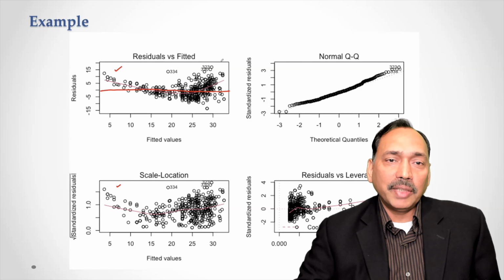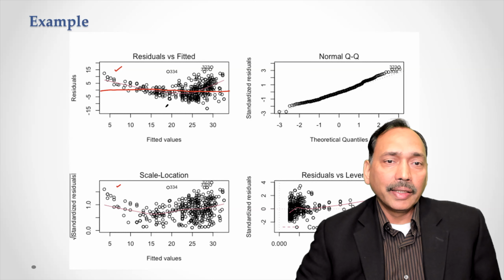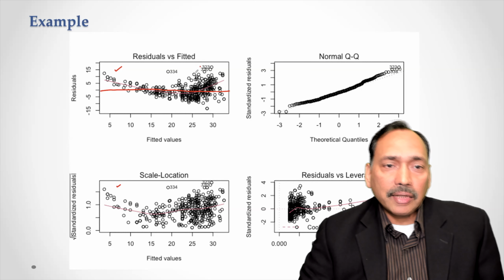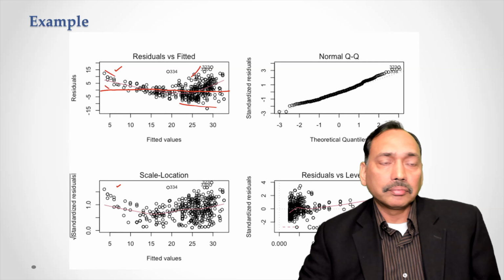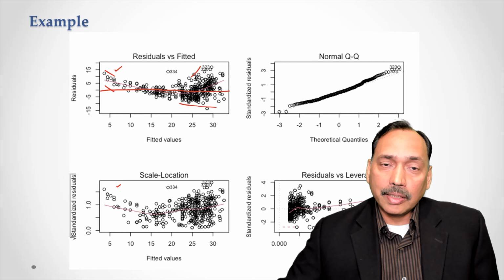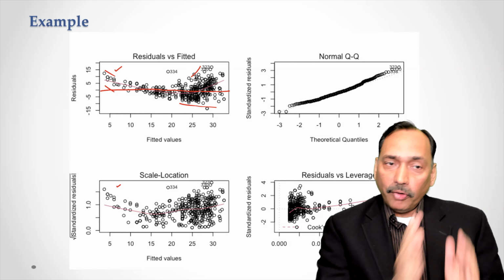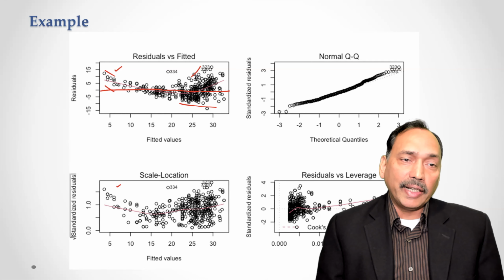So if you assume this rectangle to be the box, which indicates uniformity, you can see there's a lot more variation here and a lot less variation here. So variability also has a problem. We want the variability to be uniform across the fitted values.